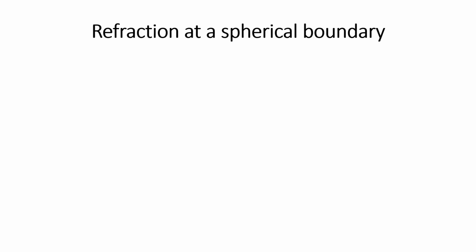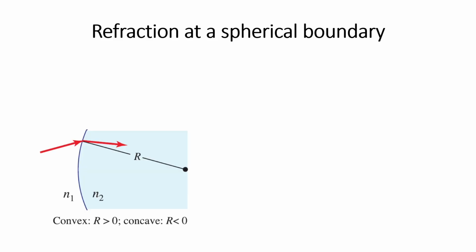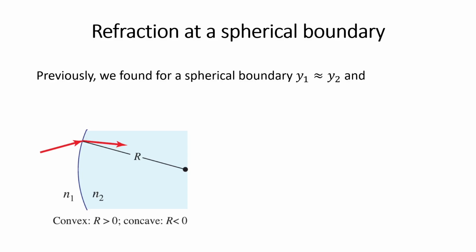in the second row. The next example is refraction at the spherical boundary. Look at the figure. In the previous videos, we showed that y1 is approximately equal to y2, and theta 2 is approximately equal to n1 over n2 times theta 1 minus (n2 minus n1) over n2 times y over r.